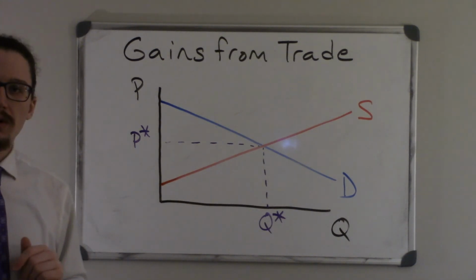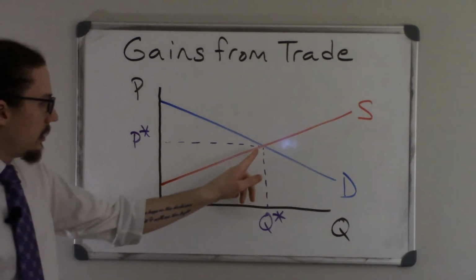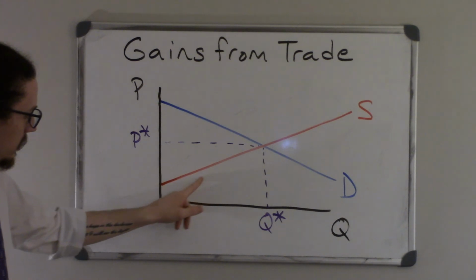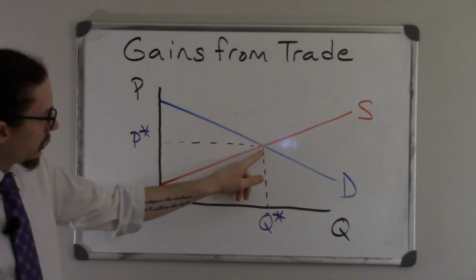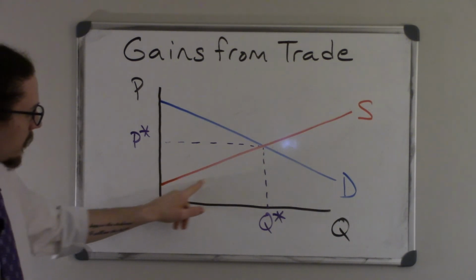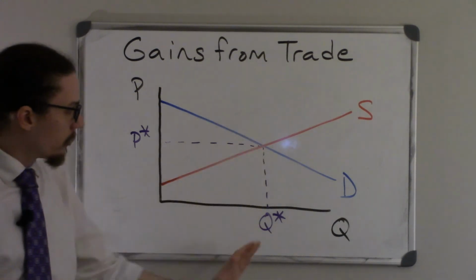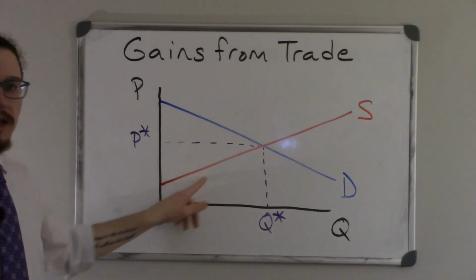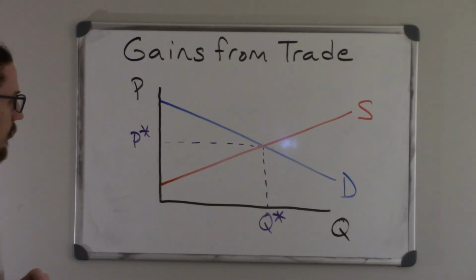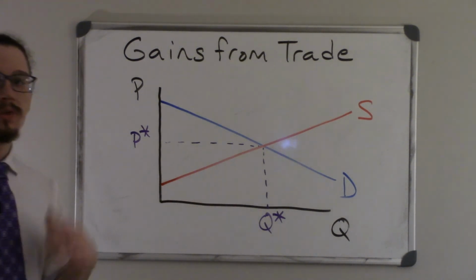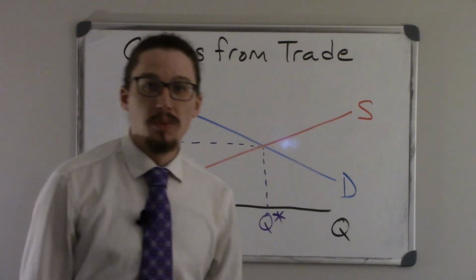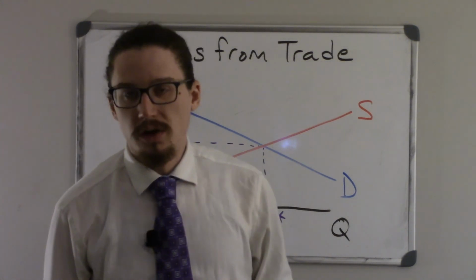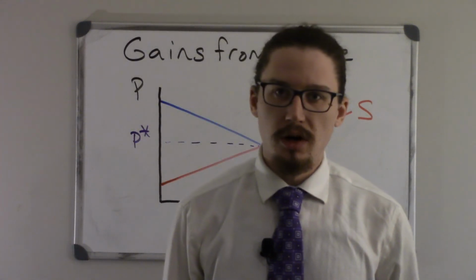Similar thing for supply. Anyone in this section of the supply curve, this section that is to the left of our equilibrium quantity, and then we could also think below our equilibrium price, anyone in this portion of the curve was willing and able to produce and supply that good for a lower price than P star.